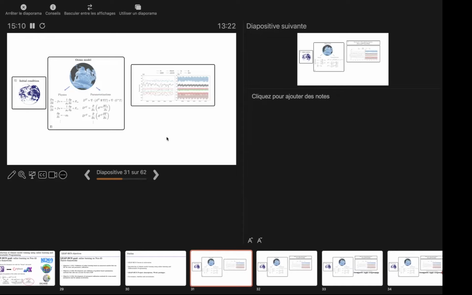So this figure represents how, for example, an ocean model is used today. We start from an initial condition. We feed this initial condition into an ocean model, which is a combination of a dynamical core plus some parameterizations, with here the parameters that we want to tune. We run this ocean model for a certain amount of time.